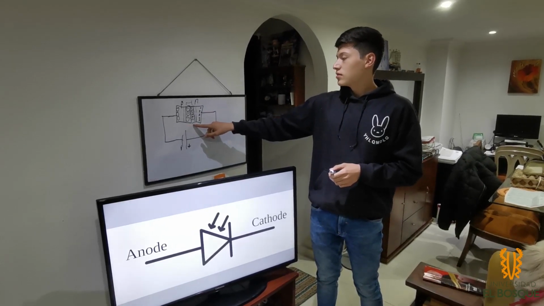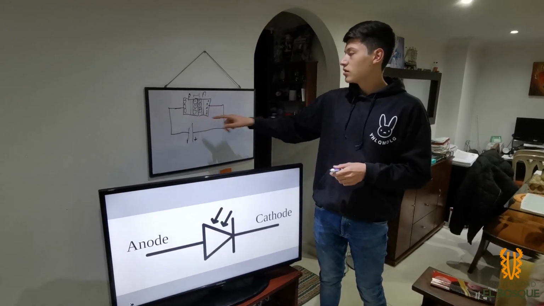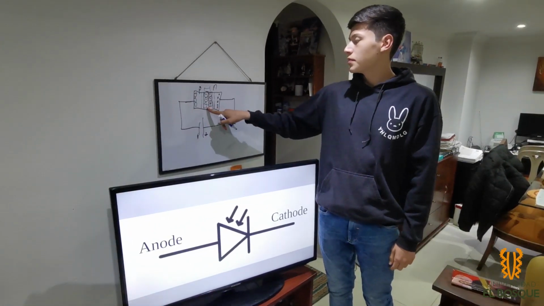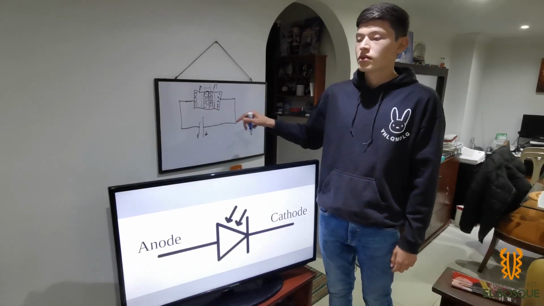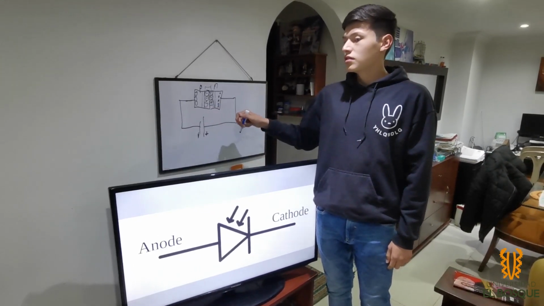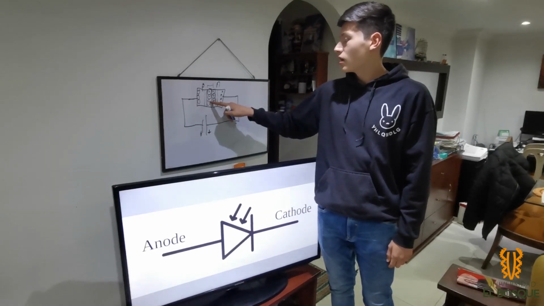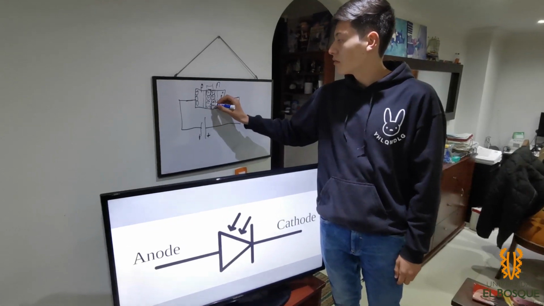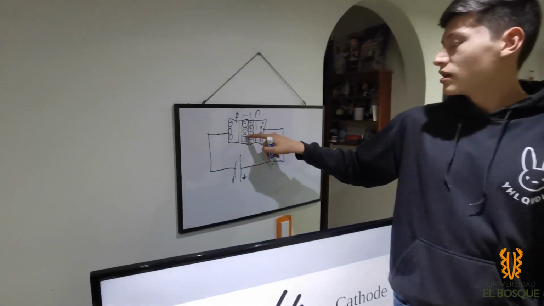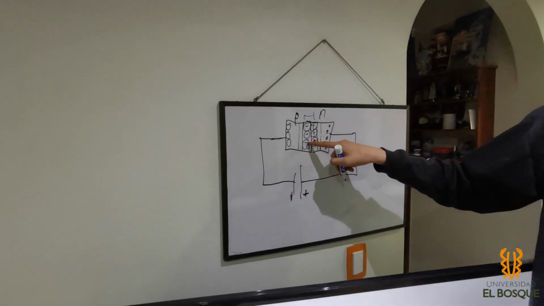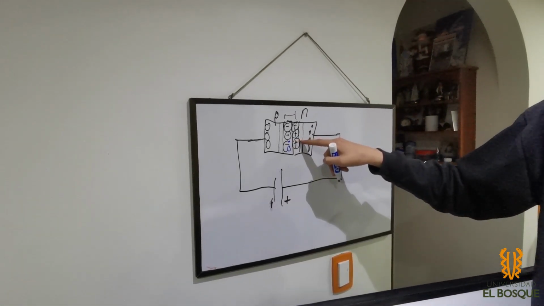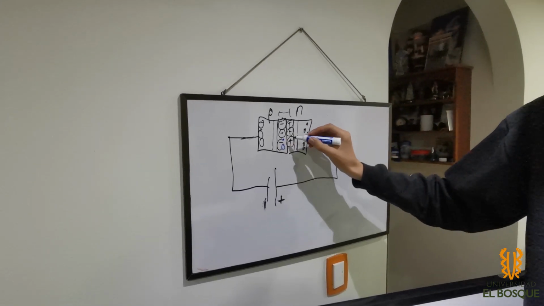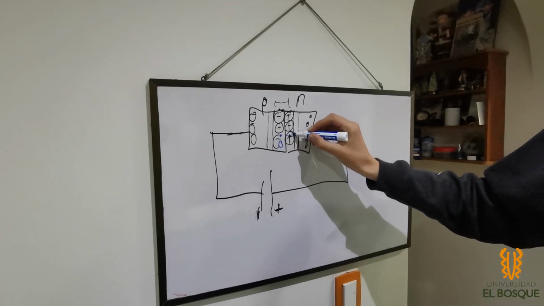When we shine light over here and the photons have enough energy, the electrons of this part can absorb part of that energy and jump. As a result, notice that we will have a free electron and a free hole. The electron is going to be attracted to this side and rejected by these negative charges, making the electron accelerate in this direction.